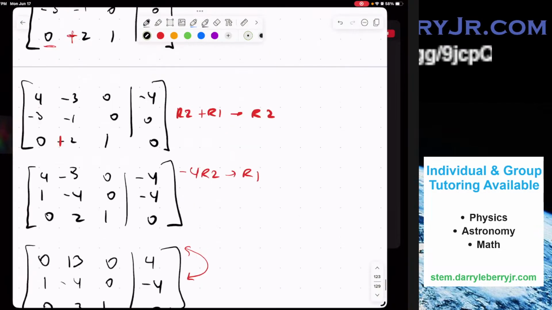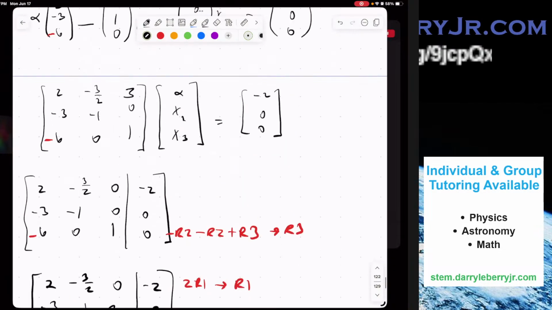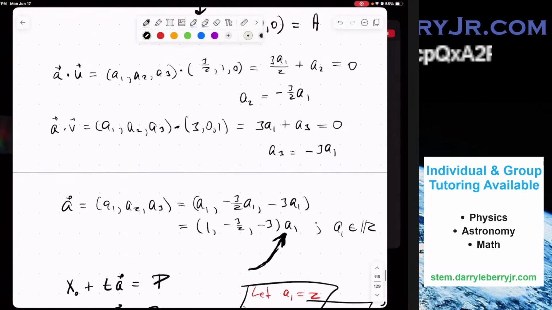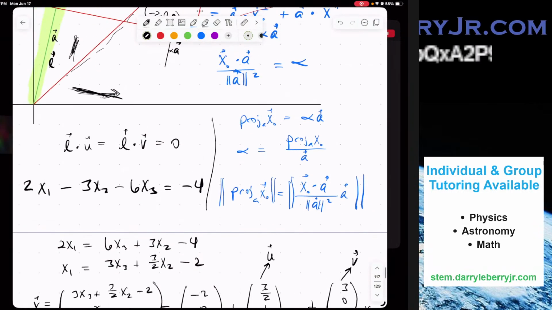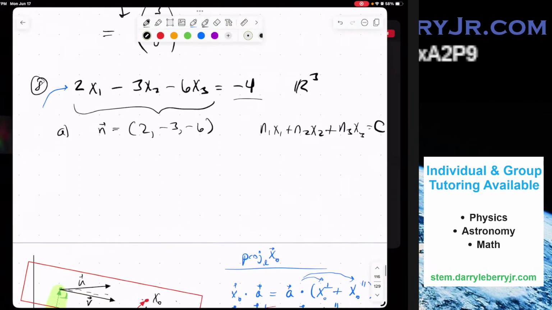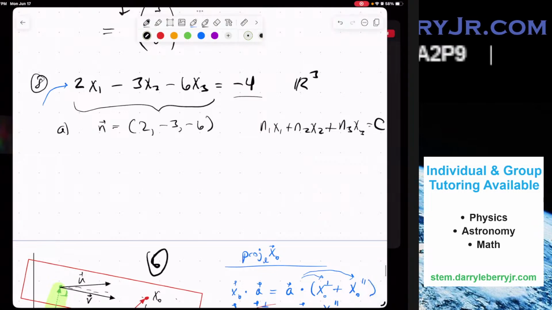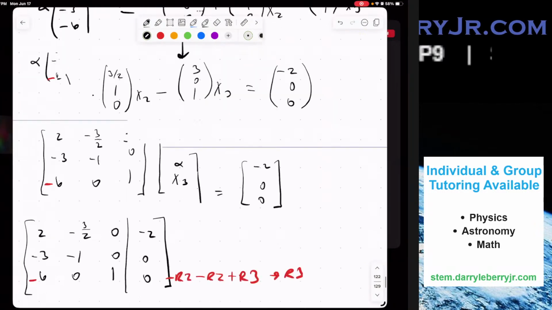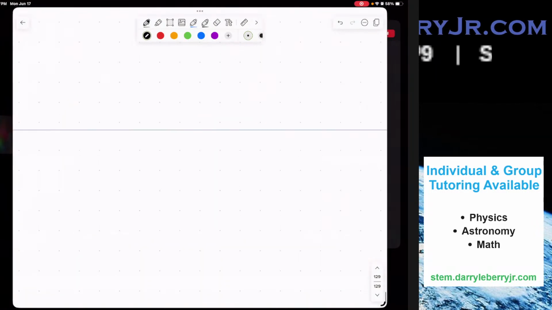This is C, the easier way of doing C. And B starts here. So D says find the distance from point W to the plane by using projection, right?